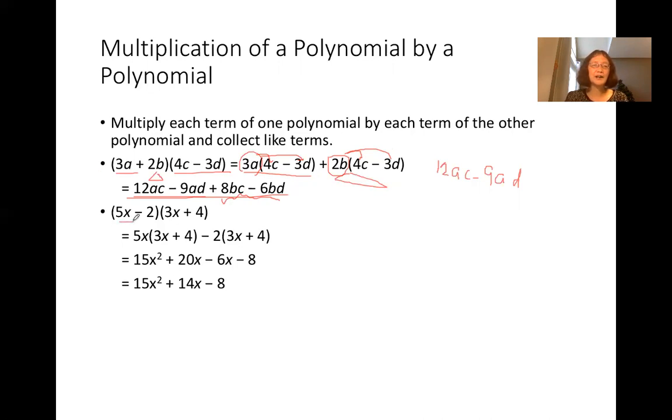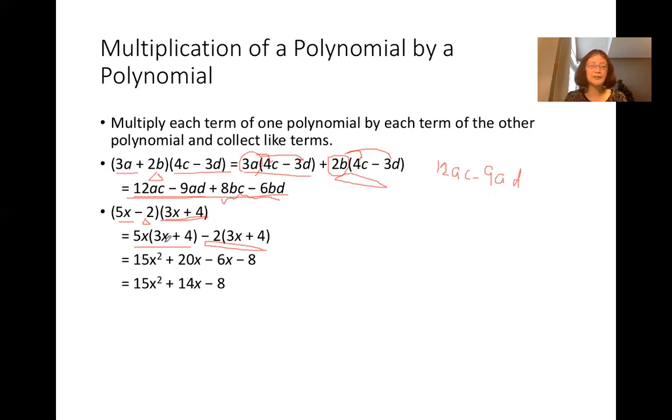Take the first item, multiply by the second bracket, you get this one. And the second item in the first bracket, multiply by the second bracket, you get this one. And then you take away the bracket.